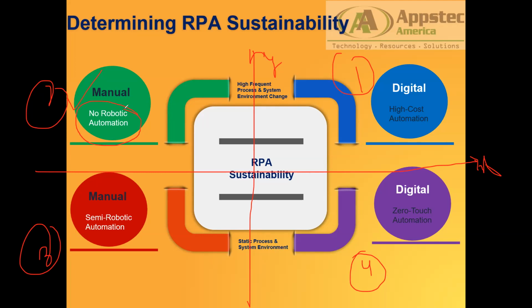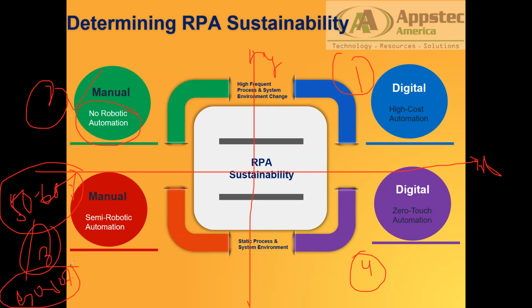Now, another one for me is manual or semi-robotic automation. What does that mean? Let's say I have evaluated a process and I find that 50 to 60% of the process is automation potential. The remaining 40 to 50% still requires manual intervention.